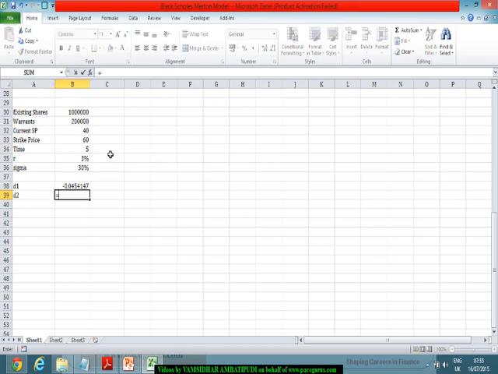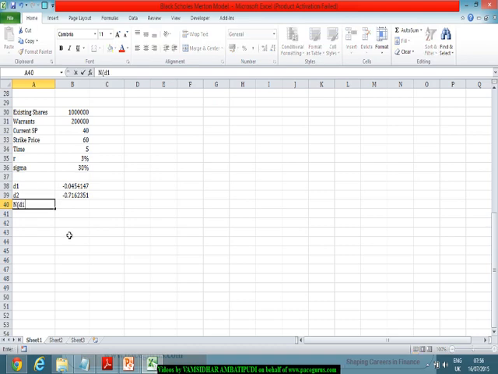D2 comes out as D1 minus sigma into square root of T.